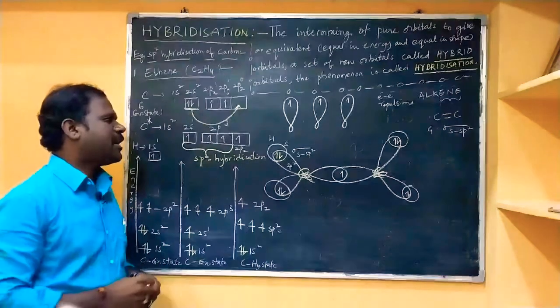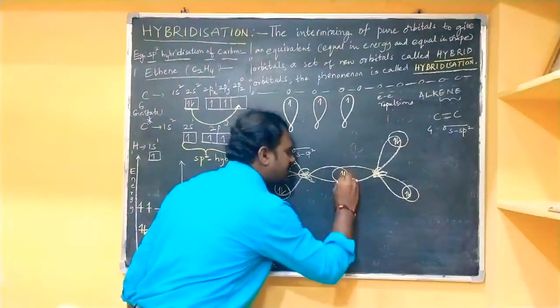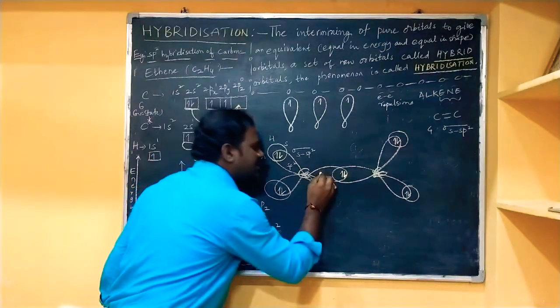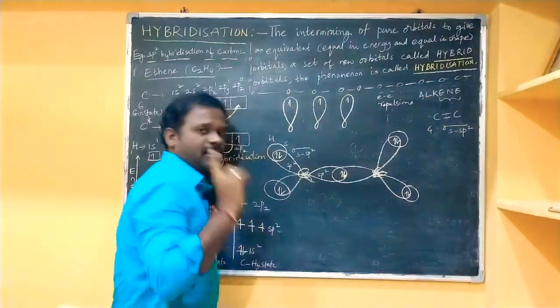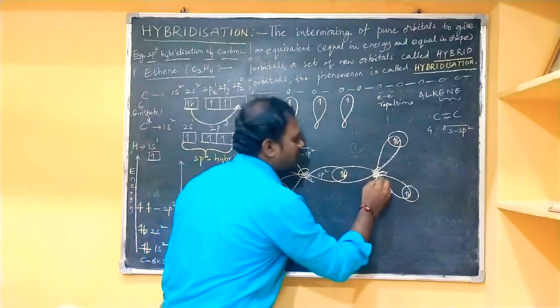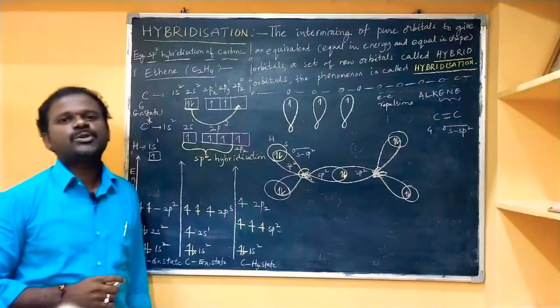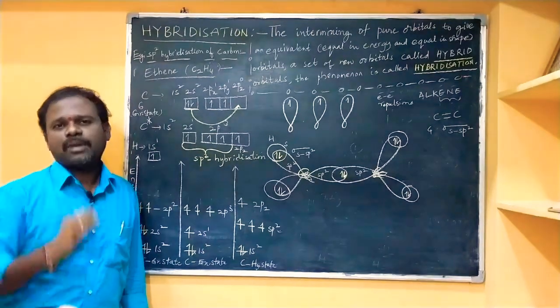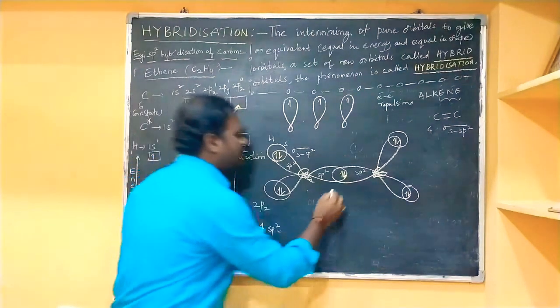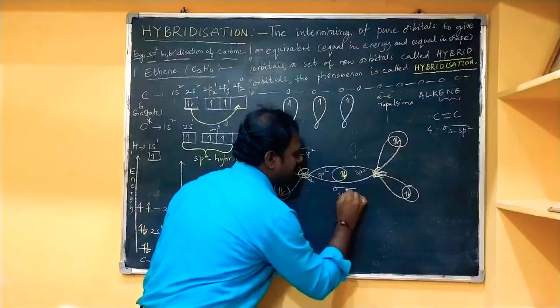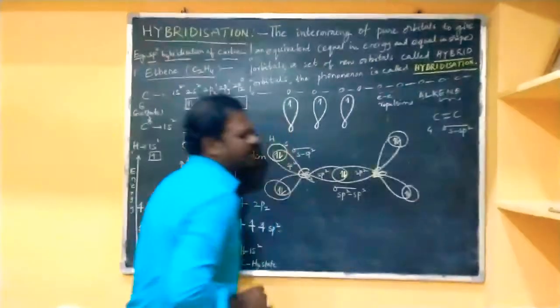And another sigma bond is formed by the sp2 hybrid orbital of one carbon and the sp2 hybrid orbital of the other carbon, also overlapping head-on. So a sigma bond forms, sp2 and sp2.